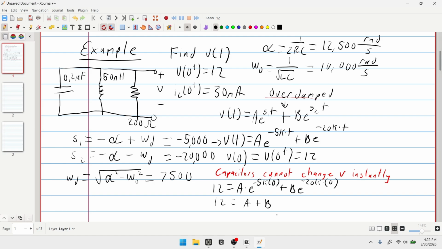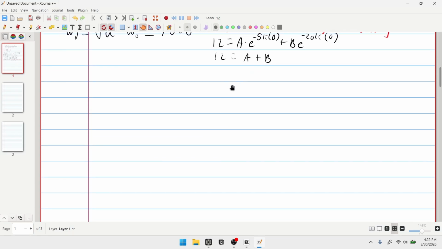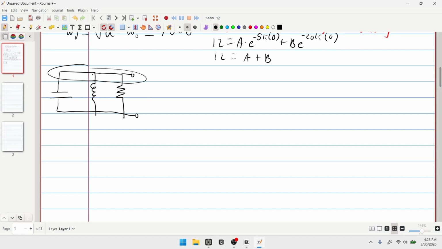But we have two unknowns, so we need a second equation, right? So let me redraw the circuit. Okay. So let's start with our KCL here in the top node, right?